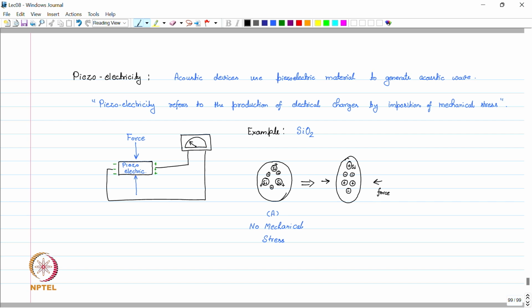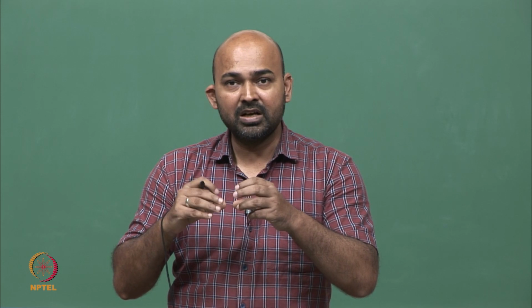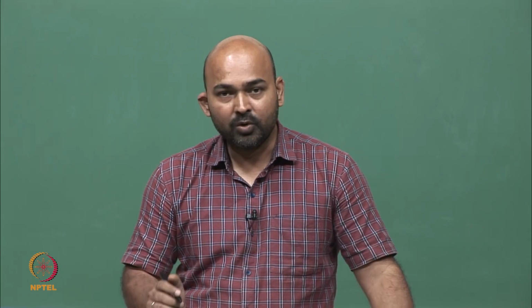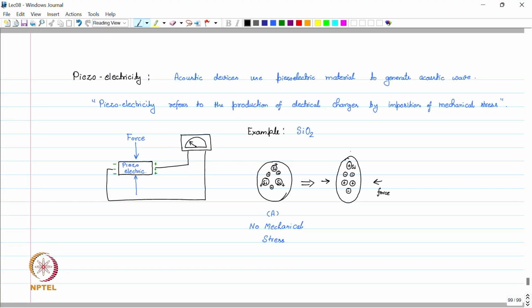Effectively, there is a net positive charge buildup in the top portion of this material and negative charge buildup in the lower portion. So effectively a positive potential will build up in the positive y direction, and a negative charge will build up in the negative y direction.